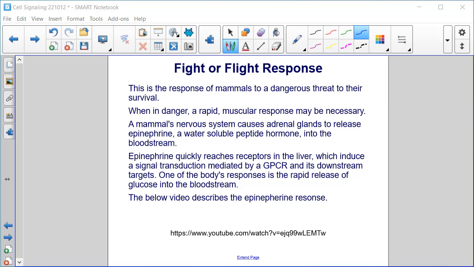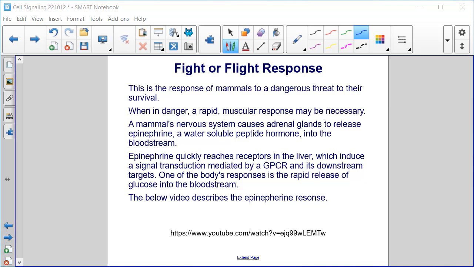Fight or flight response. This is the response of mammals to a dangerous threat to their survival. When in danger, a rapid muscular response may be necessary. A mammal's nervous system causes adrenal glands to release epinephrine, a water-soluble peptide hormone, into the bloodstream.